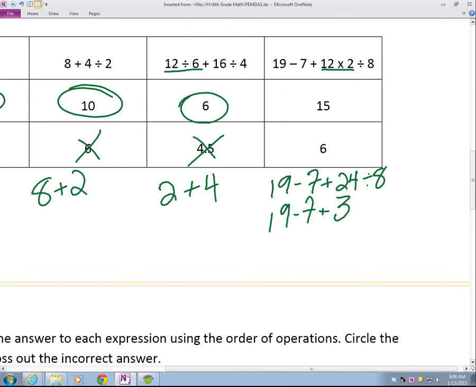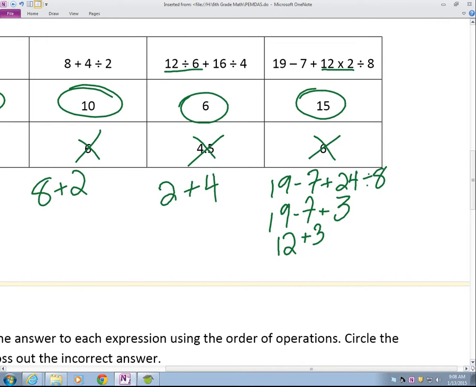So 19 minus 7 is going to be 12. 12 plus 3 is 15. Flawless victory for Steve. Matt needs to look at his notes when he does this, right?